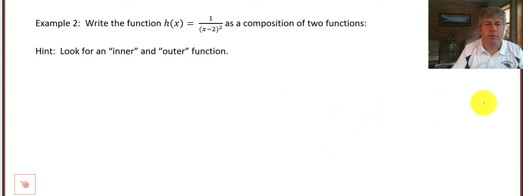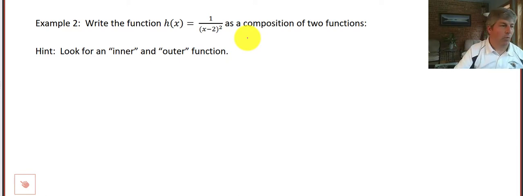Here's another kind of problem you're going to see. We're going to write a function h of x as a composition of two functions. So we're going to split this function into two separate ones. What we want to do is look for an inner, if you will, and an outer function. So we want to try and find two expressions here, and then use our composition of functions to combine them into one.